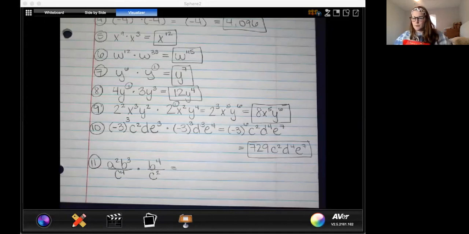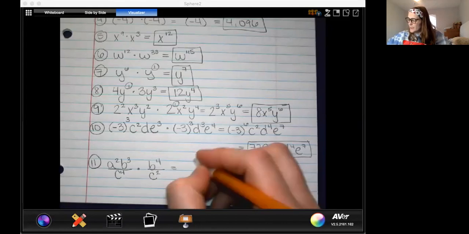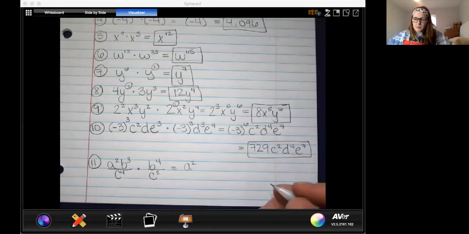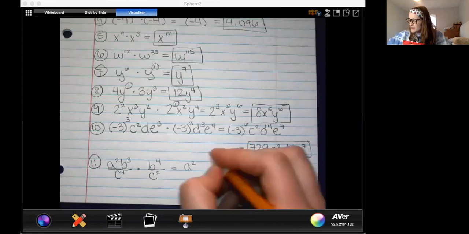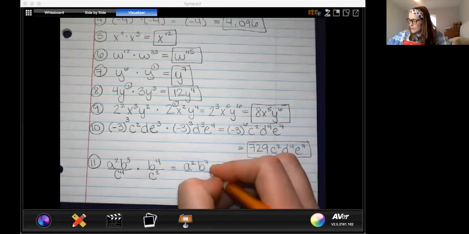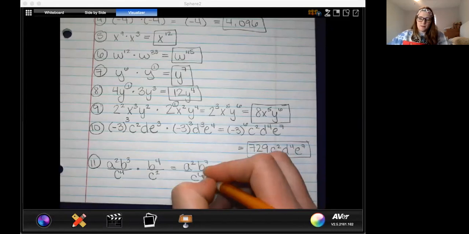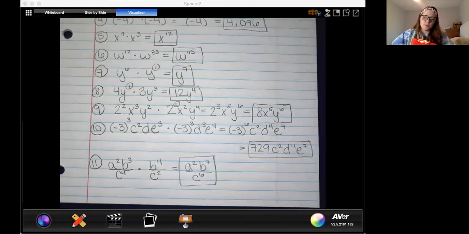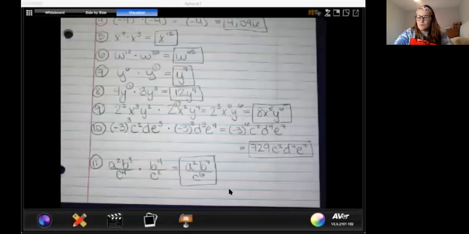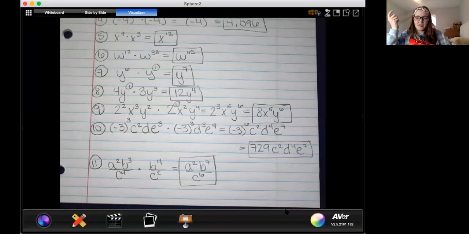Okay, good. Got a couple responses. So a squared, there's nothing to combine with a squared, so it stays the same. B combines to be b to the 7th, and then divided by c to the 6th. It just looks a little differently, but same rules apply. And there's nothing that can simplify past that point. You just have a, b, and c.